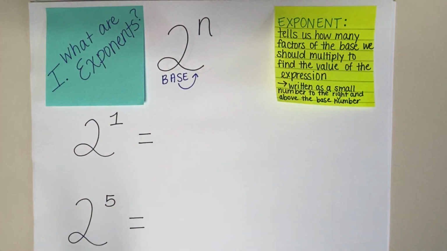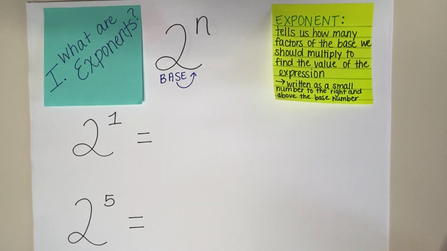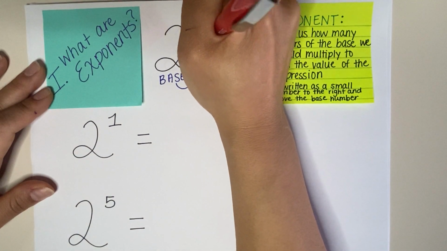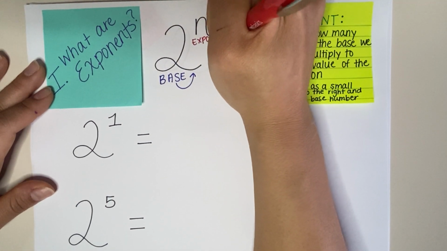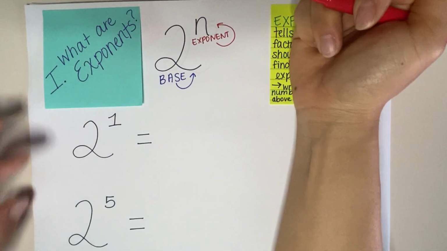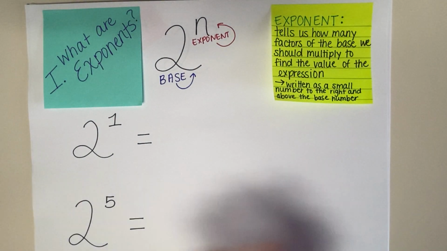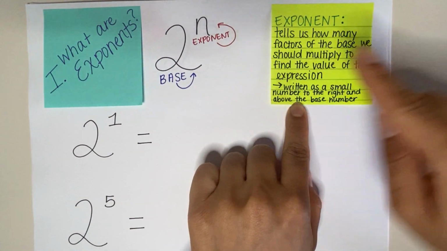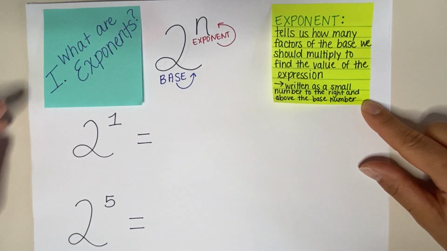And then the variable n at the top right, written kind of tiny, this is our exponent. So exponents are written as a small number to the right and above the base number.